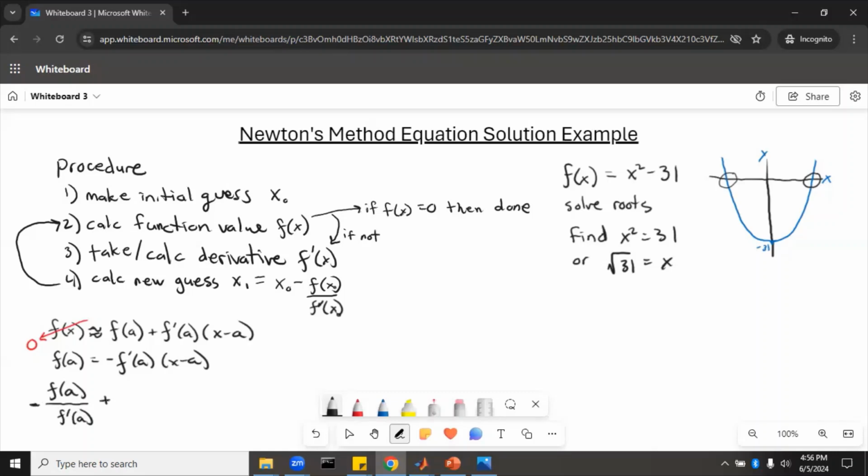This translates to the new guess, so x n plus 1 equals x n minus f of x n over f prime of x n. That is how we get what the new guess should be.